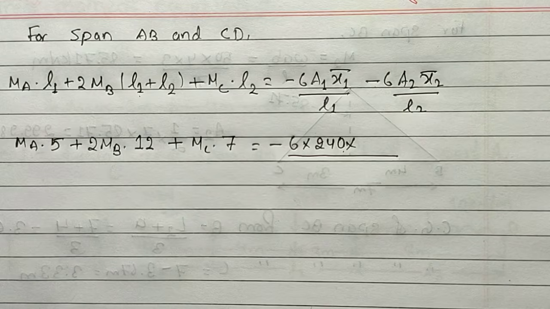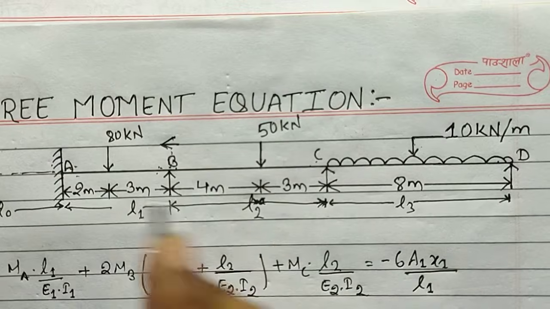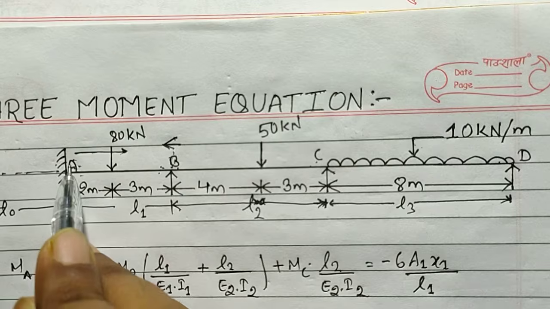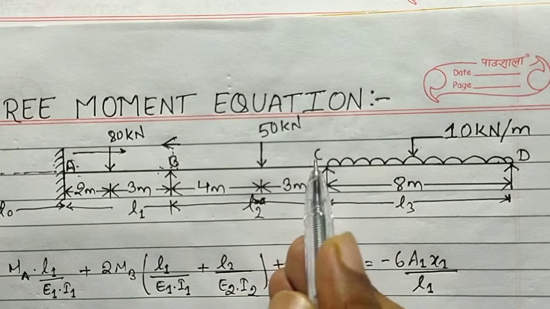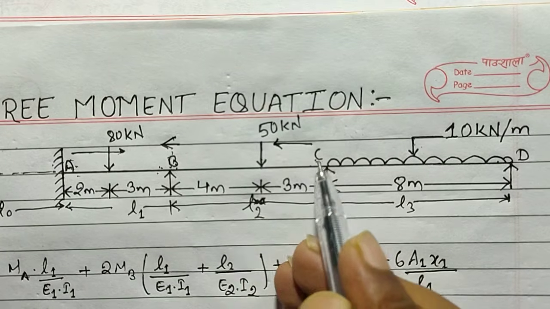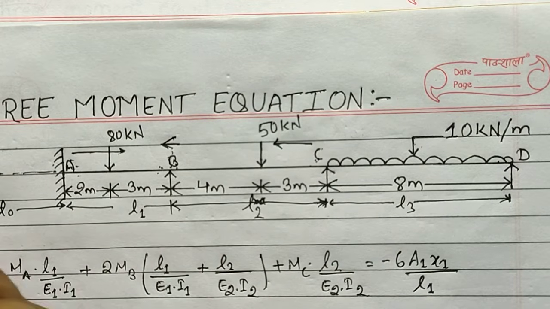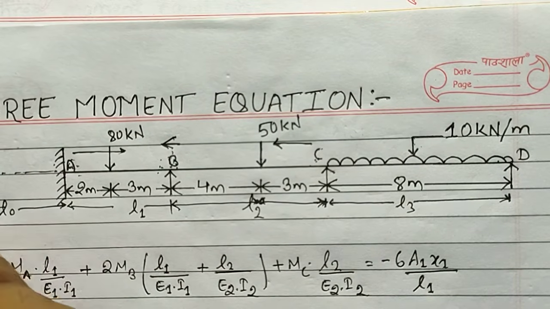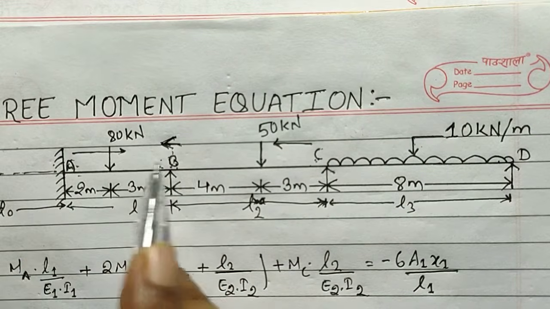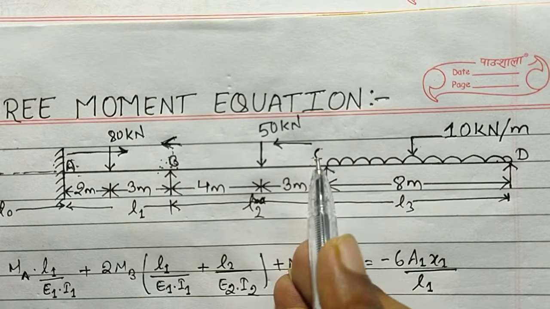See here guys, we are taking span AB and BC, so for span AB we need to take CG taking A as origin, and for span BC we need to take CG taking C as origin. Understanding or not? For span A dash A and AB we take CG from B as origin. Again for span AB and BC we need to take CG from end A and taking C as origin.